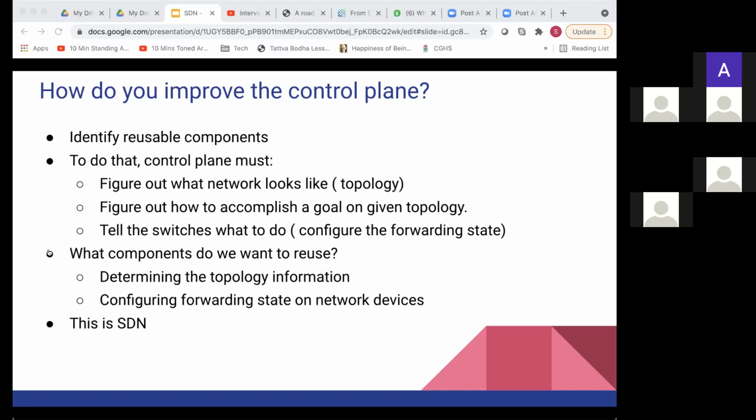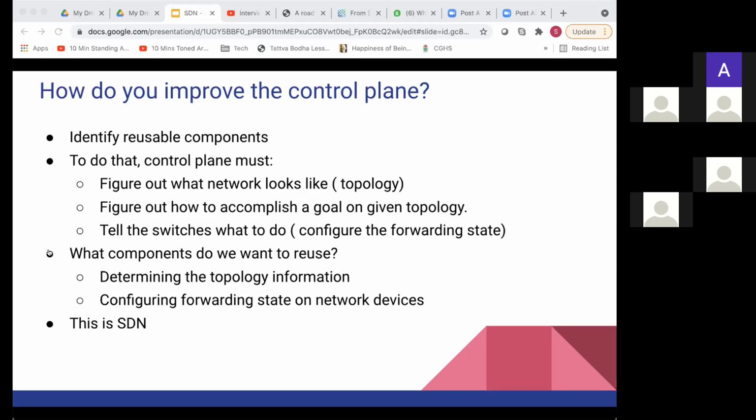So the first thing that happened was, how do I identify the reusable components in the control plane? To do that, what does the control plane need to know first? It needs to tell the network devices what to do. But for that, it needs to understand what a network looks like, meaning the topology. And it also needs to understand how to accomplish a specific goal on a given topology.